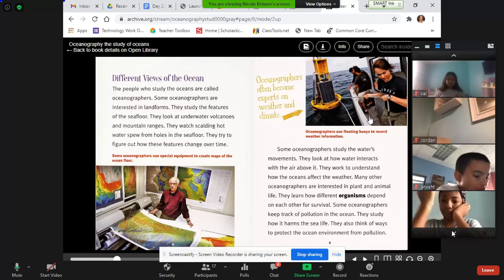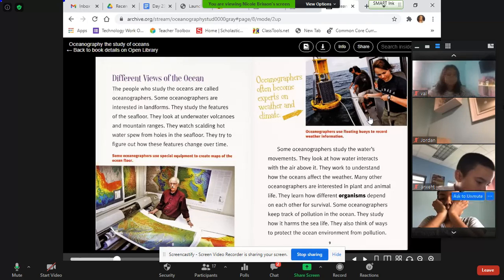So on this page, page 9, on the right side, is there a text feature that really sticks out to you that we haven't talked about already? Obviously, we see there's a photograph right here, right? We see a caption. We've already talked about that.